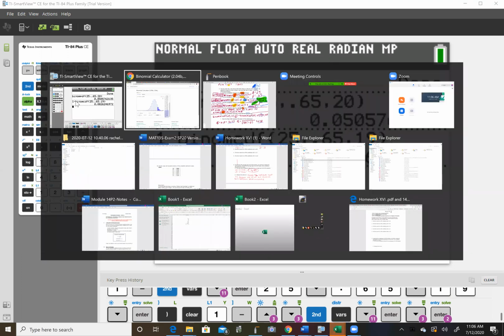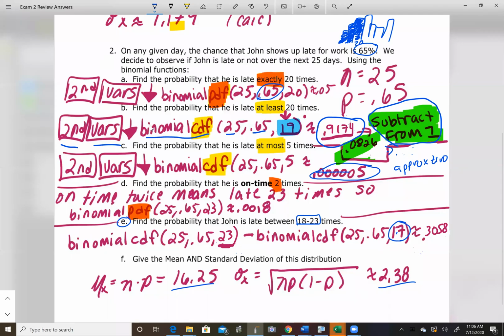Then the last example that I'll show you on the calculator is from question 2 on our exam 2 test review, number E, because E says find the probability that John is late between 18 to 23 times.